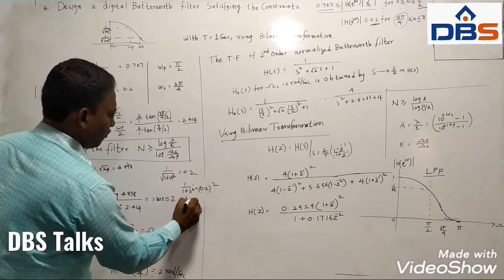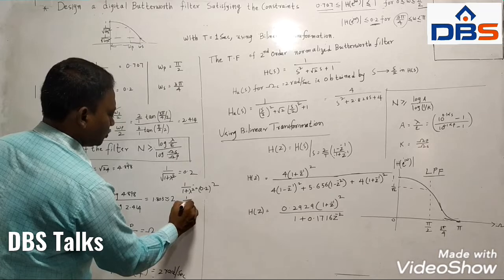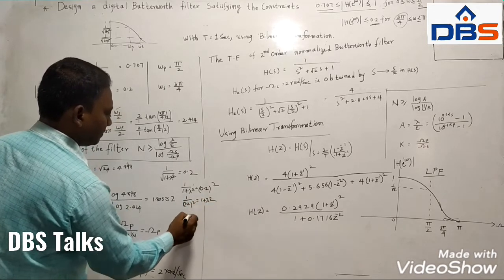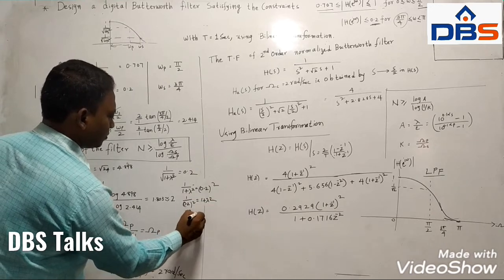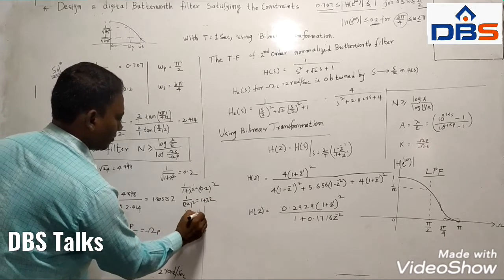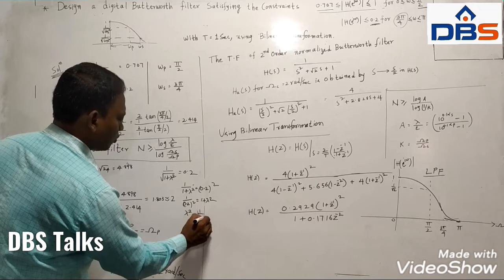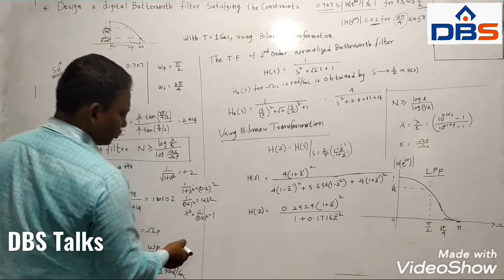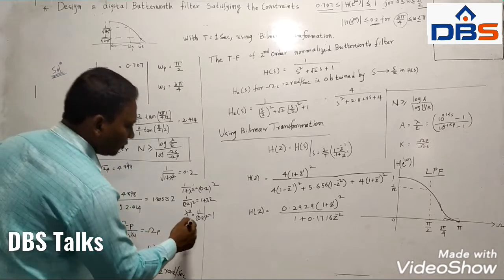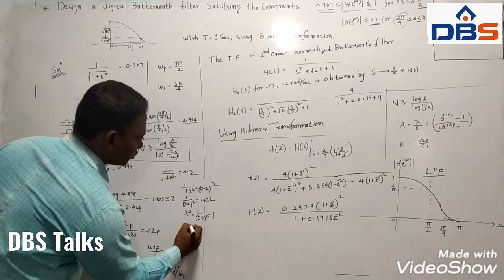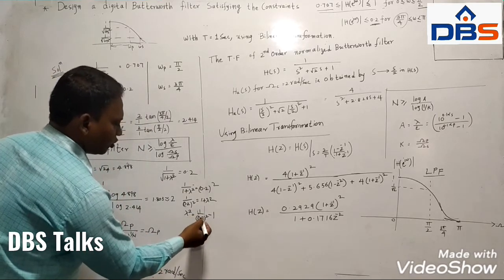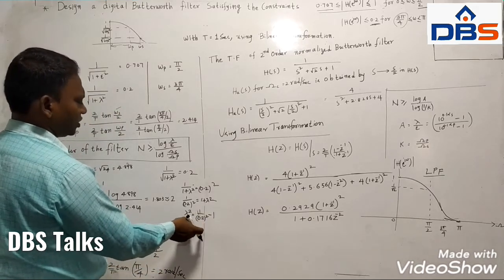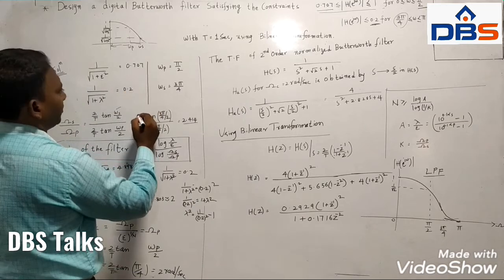So 1 by 0.2 whole square is equal to 1 plus lambda square. Lambda square is equal to 1 divided by 0.2 whole square minus 1, and 0.2 into 0.2 is 0.04. Okay, 1 by 0.04 gives some value, and if you take the under root of that you will get the lambda value.